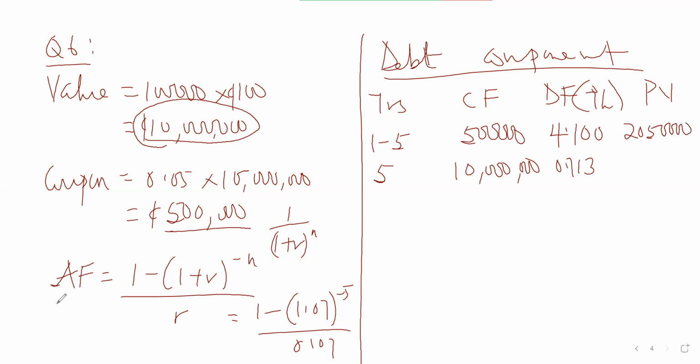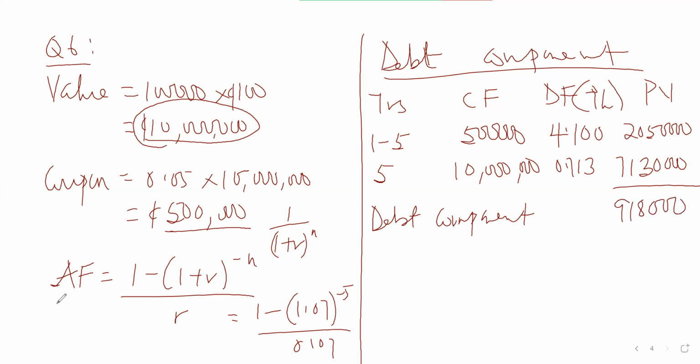Year 5, what will be the present value? So the total gives us 9,180,000. This is the present value of all the amounts.